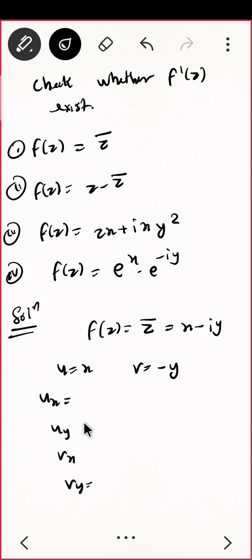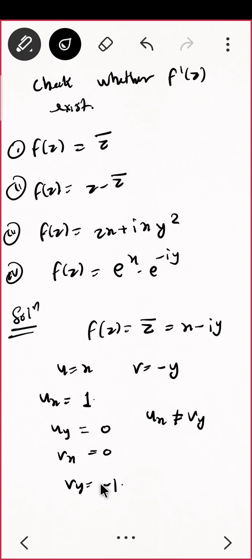Quickly. ux is 1, uy is 0, vx is 0, vy is minus 1, no? So is it satisfying the CR equation? Do you see this will never be same, because this is 1 and this is minus 1, correct?